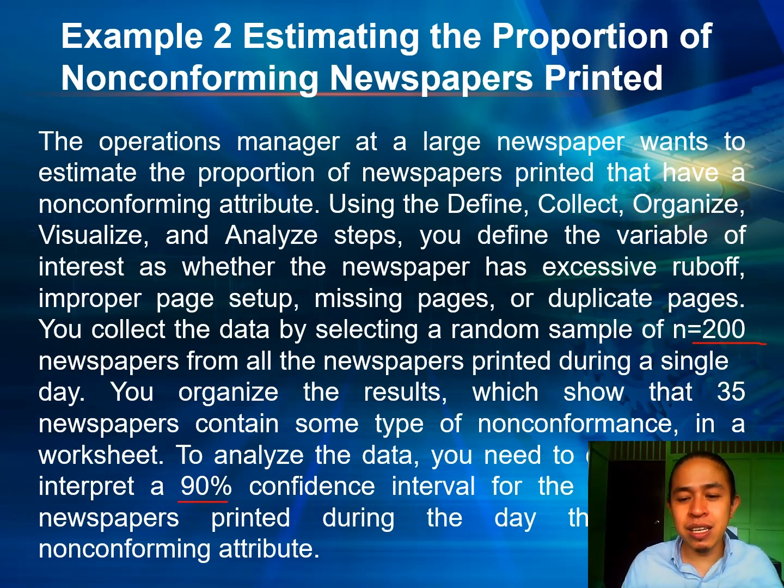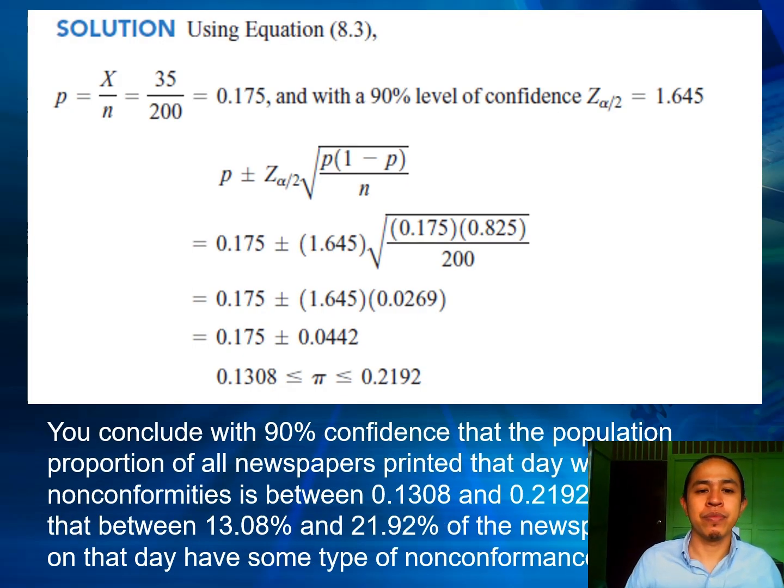So we can now proceed with our calculations. Here, we calculated 0.175. If you locate the 90%, 0.9, in your Z table, you get 1.645 or 1.64.